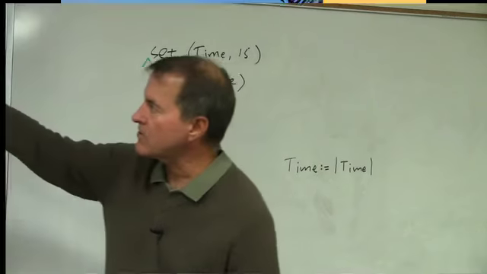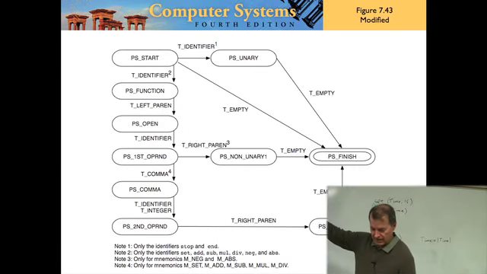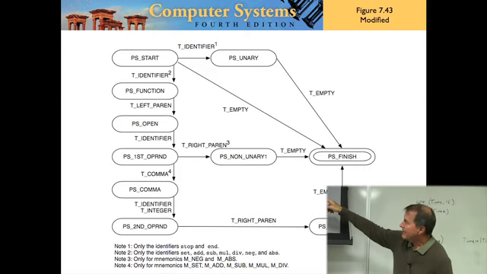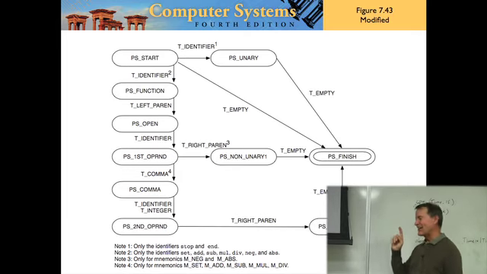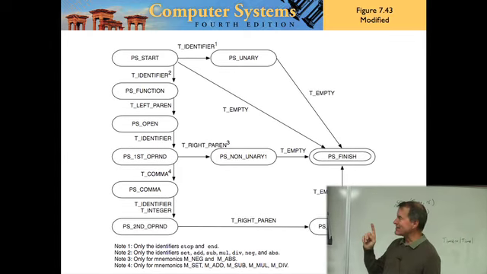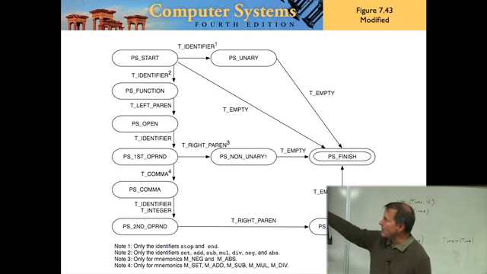So look up here at the start state, PS start. There are 2 things on an identifier. Are those technically 2 different tokens? Yeah. Actually, there are 2 on an identifier, and there's one on T empty.